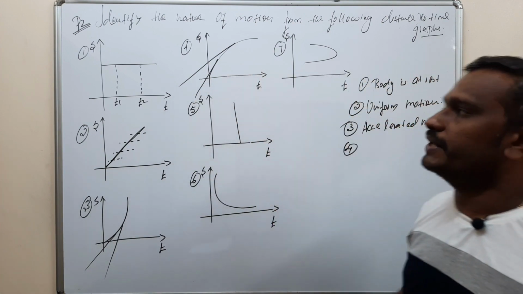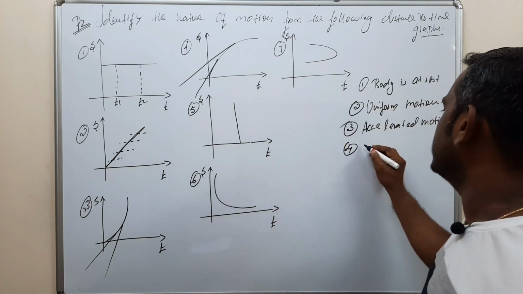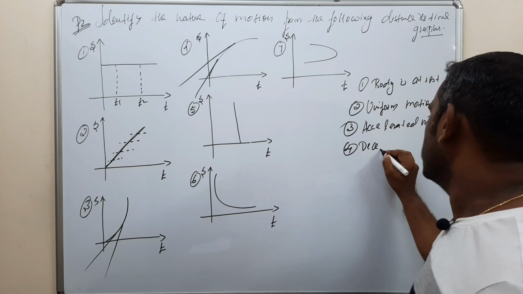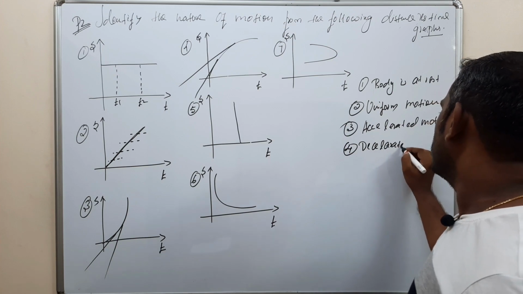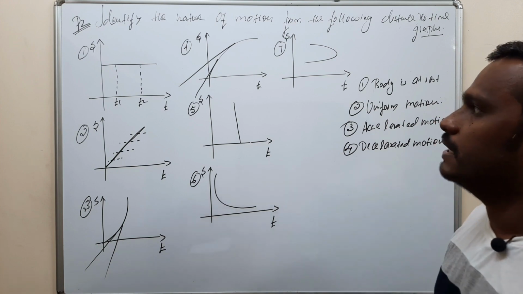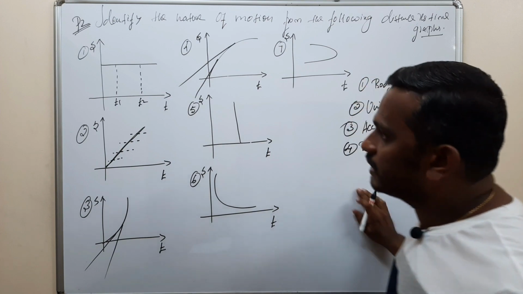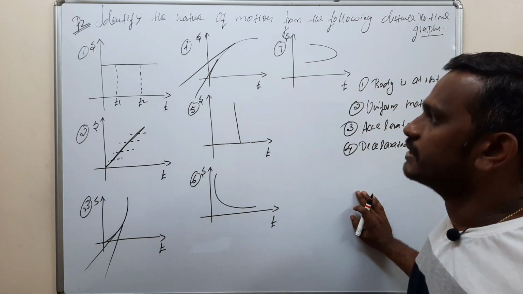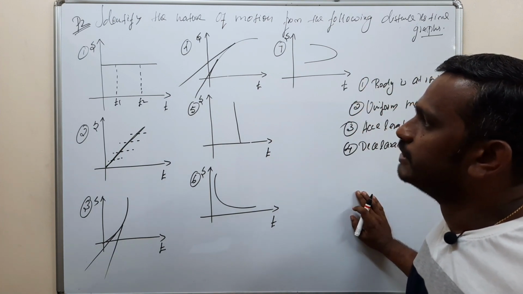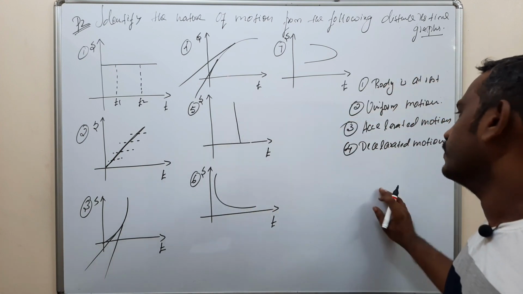Slope decreases means that speed decreases, that is decelerated motion. So as the time goes on, the slope of the curve decreases, the slope decreases means speed decreases, so it is a decelerated motion.